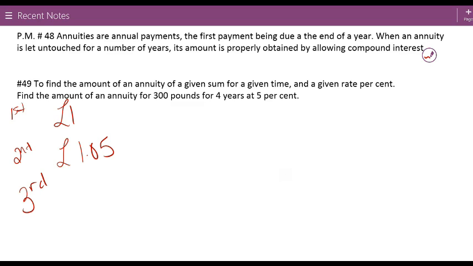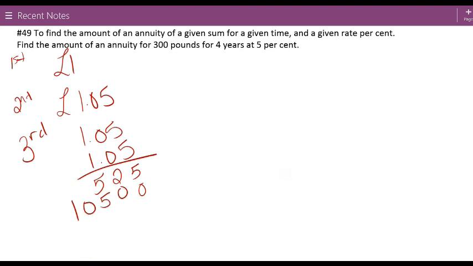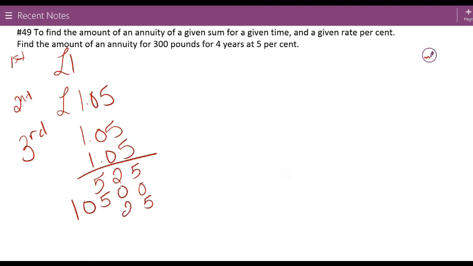So our third year we have 1.05 times 1.05, which ends up being 1.1025.